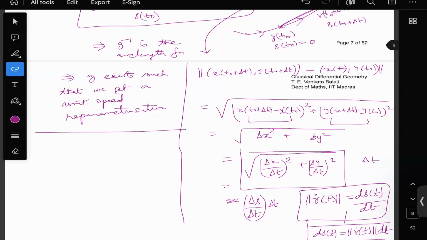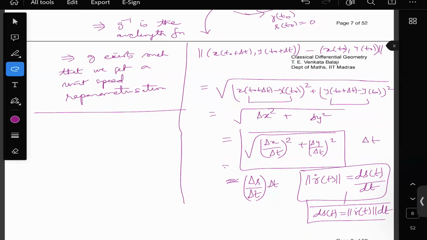Let me write down the recipe. What is the recipe?